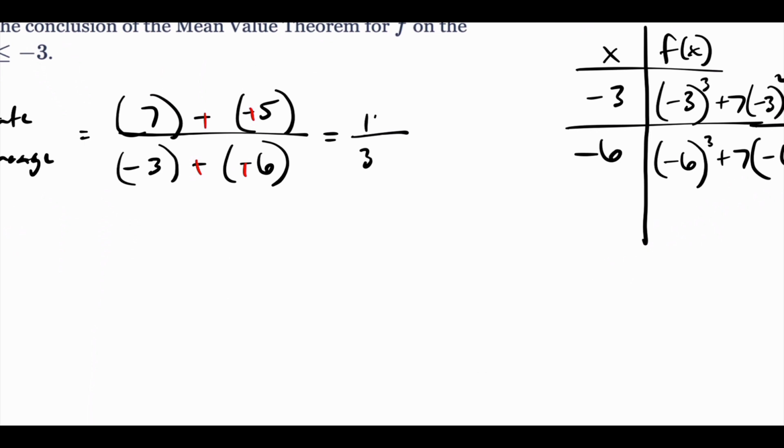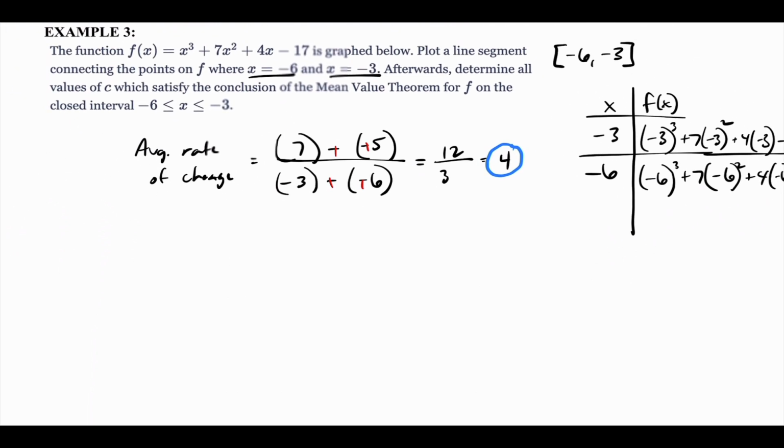So it's positive 12 over 3, which is equal to 4. Okay? That's the first part.